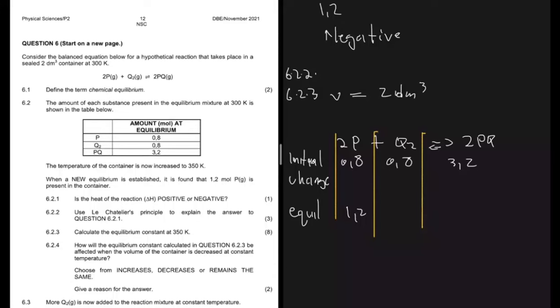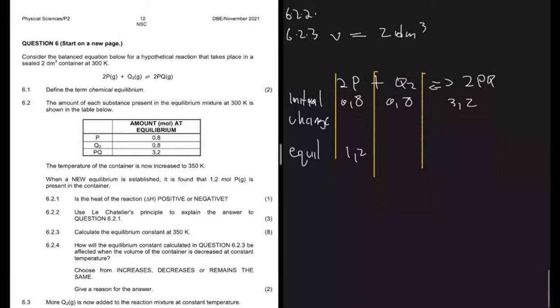We get our formula for Kc, we sub it in, and then we're basically done with the equation. So the change for P, to determine it, we'll subtract the moles at equilibrium by the initial moles. That will be 1.2 minus 0.8, which will give us 0.4, right?